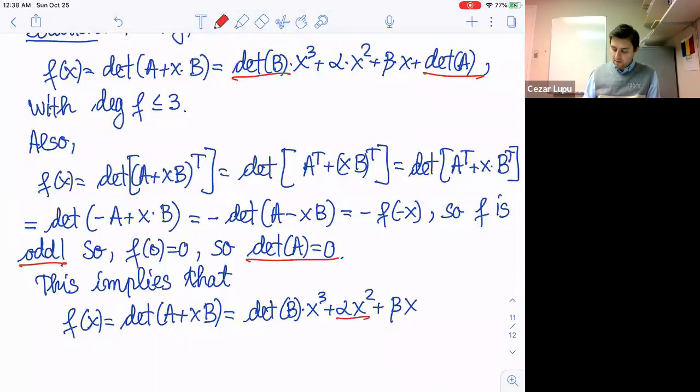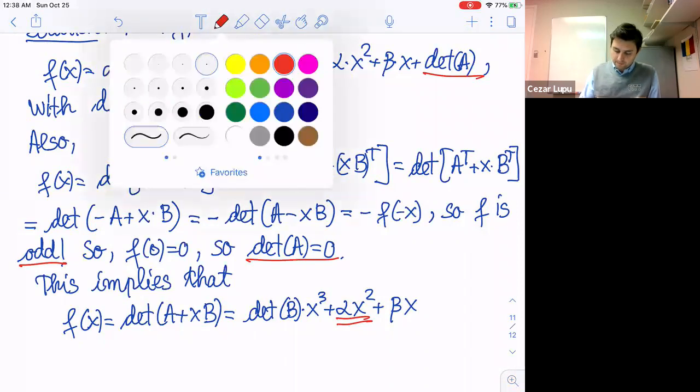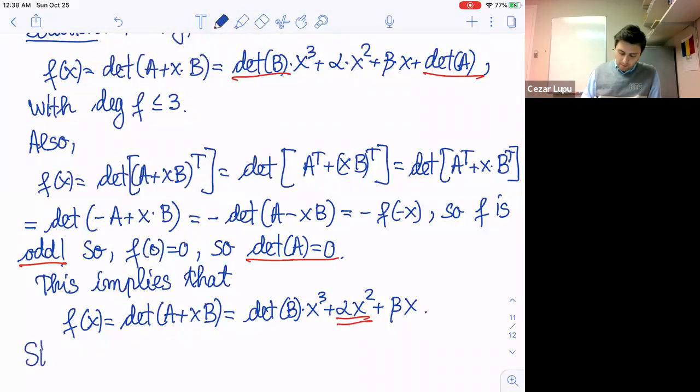So since f of x is a negative f of minus x, if you take here x to be negative x, it follows that in fact alpha is 0.